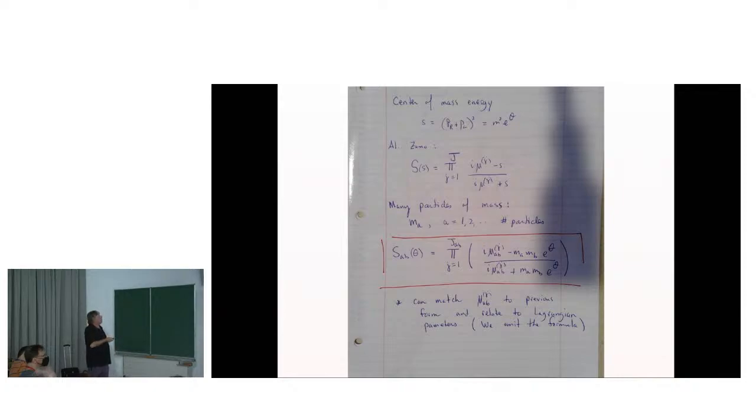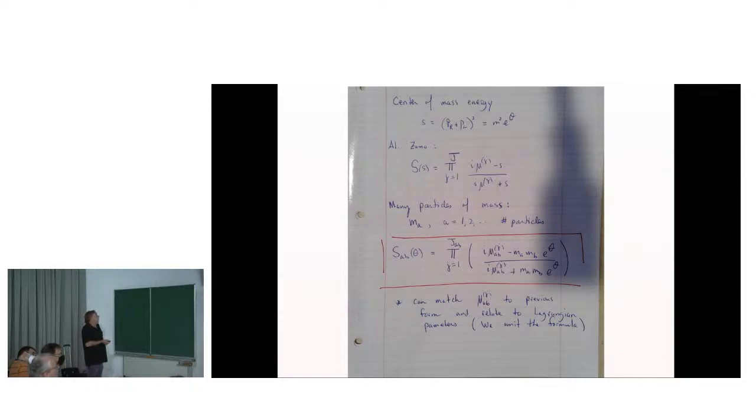Let me consider the center of mass energy for left with right scattering. Here it's just m squared e to the theta, where theta is the difference of the two rapidities of the two particles. Zamolodchikov proposed this kind of form for the S matrix. We saw this also in Torelli's talk yesterday.